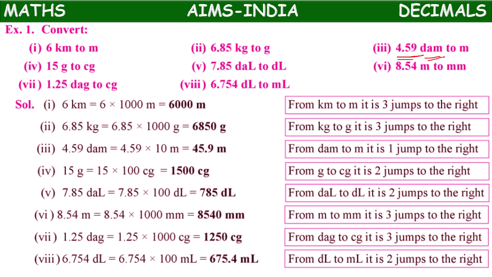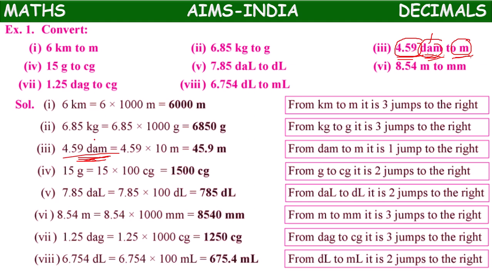Next, 4.59 decameter to meter. Decameter to meter means this deca we have to remove, that is, in the place of deca we have to substitute its value, so it will turn into meter. So they have given 4.59 decameter.